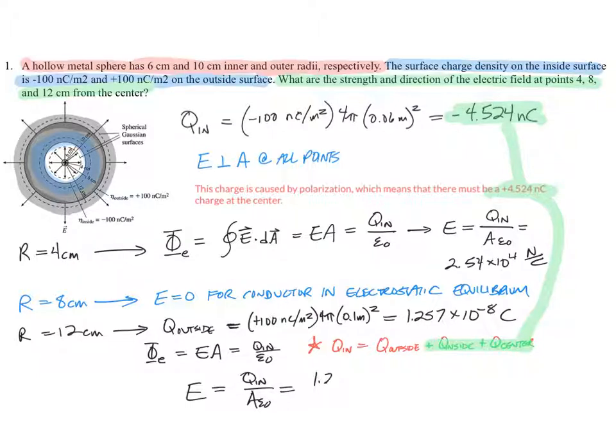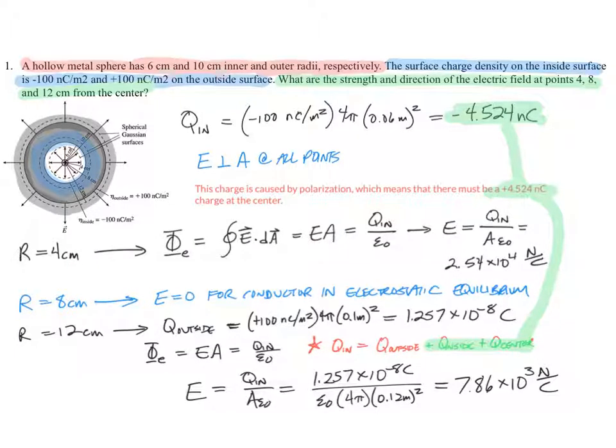And so 1.257 times 10 to the minus 8 coulombs over epsilon naught and the area, which would be 4 pi times 0.12 meters squared, 12 centimeters. You crunch all of that, and you get 7.86 times 10 to the third newtons per coulomb.